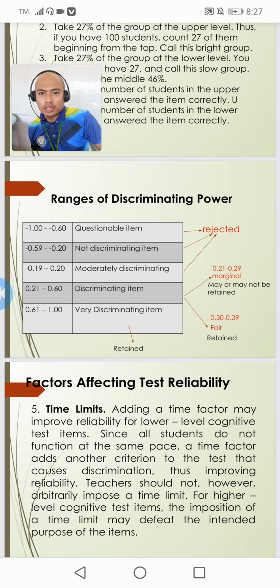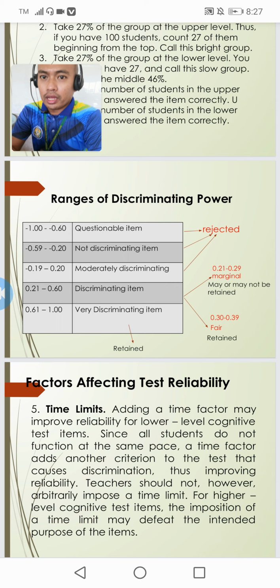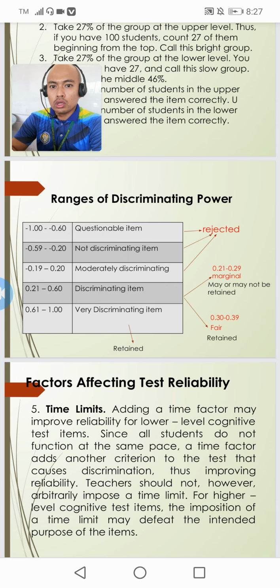Now, the problem is what do we do then if that will be the case? What if that item is considered to be a questionable item with regards to its discriminating power? Ang gagawin natin dyan ngayon as test constructor ay we will now reject automatically that particular item.